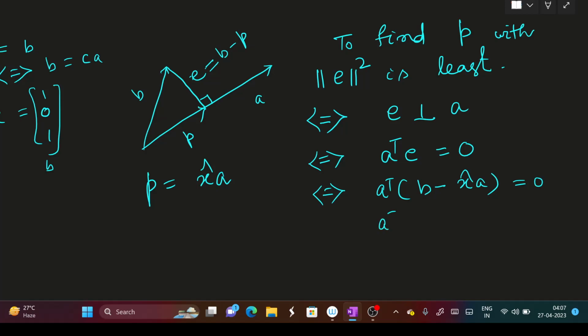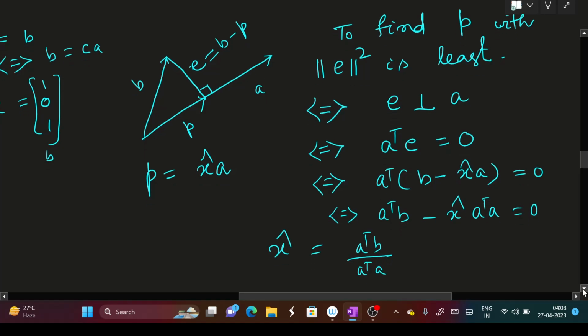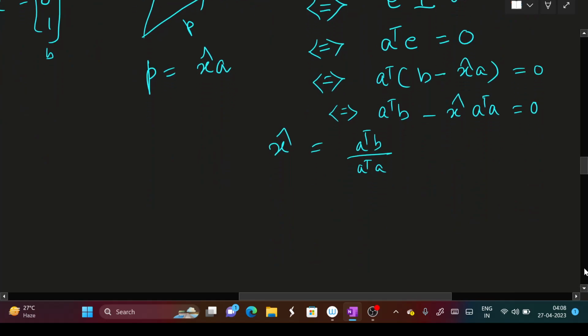That implies a transpose b minus x cap a transpose a is 0, because x cap is a constant, I can take it outside. So what is my x cap? Here my x cap is a transpose b by a transpose a. I am writing it in the denominator because it is a scalar quantity. The inner product of two vectors is a scalar quantity. So this is my x cap.